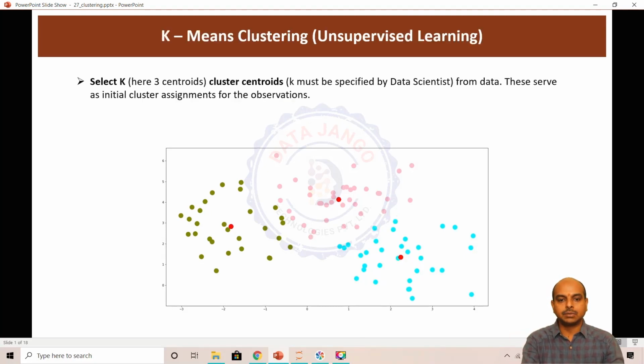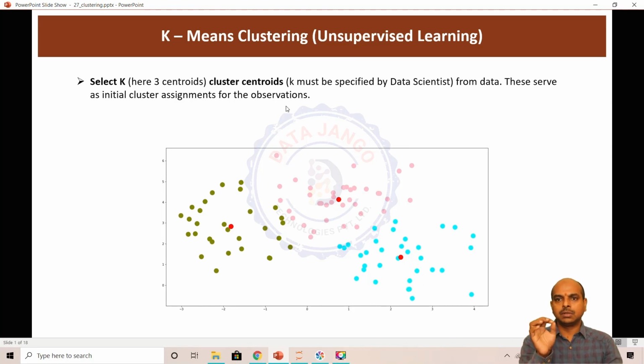So let us try to look at the theory, right? Try to read it out and see. Select k, that is, in this particular process we have chosen 3 clusters, 3 centroids. Select k cluster centroids from the data. These serve as initial cluster assignments for observations.